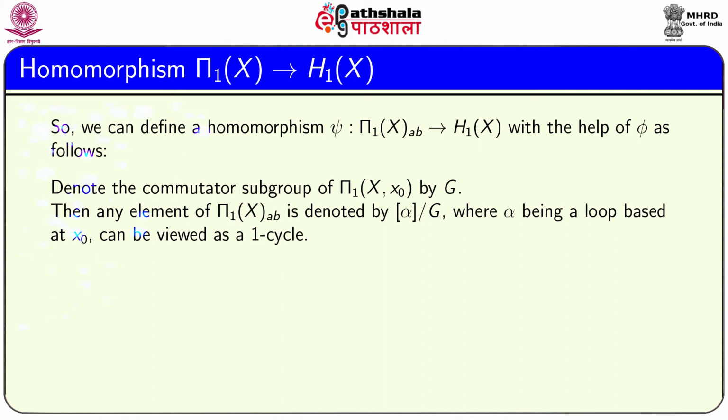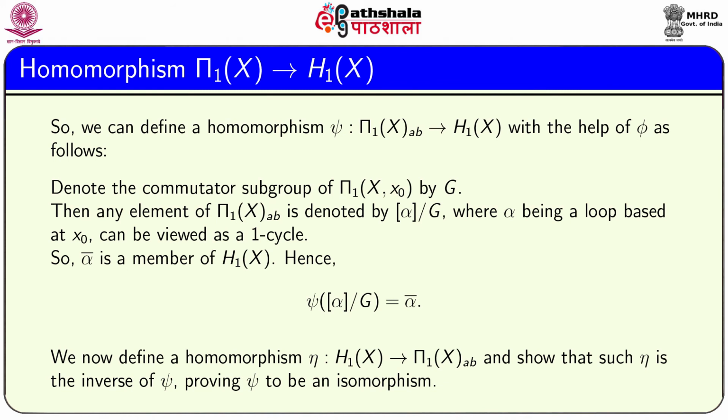Denote the commutator subgroup of π1(X, x0) by G. Then any element of π1(X)ab is denoted by the class [α]G, where α, being a loop based at x0, can be viewed as a one cycle.